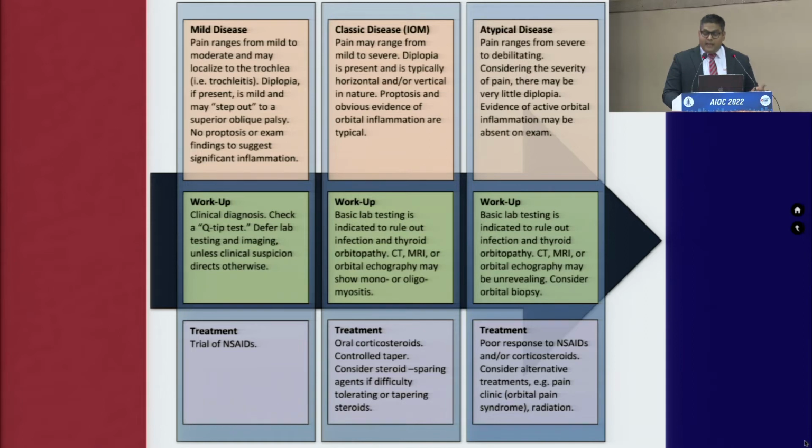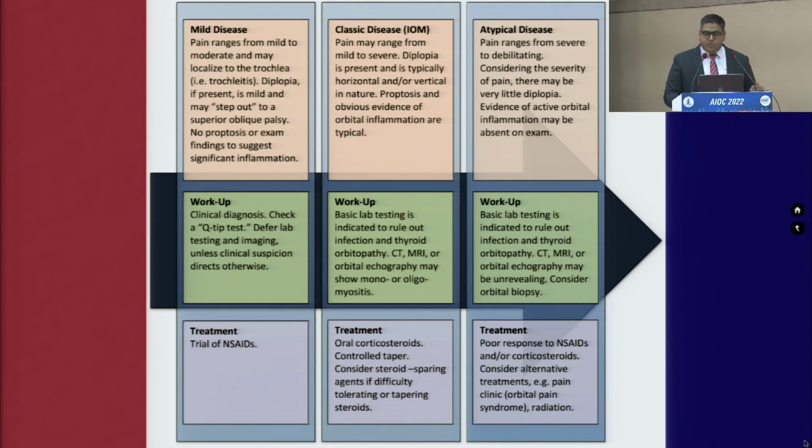If there is atypical disease where the pain does not fit in with the symptoms and signs that you see, and the onset is extremely acute, in addition to your basic workup, and of course an atypical disease is also when your normal response to steroids is suboptimal.